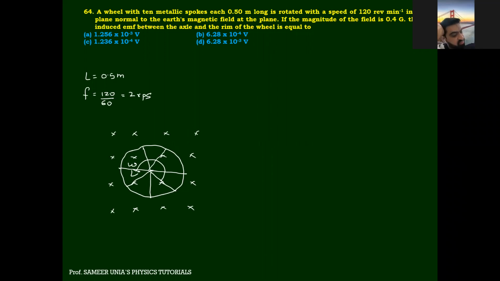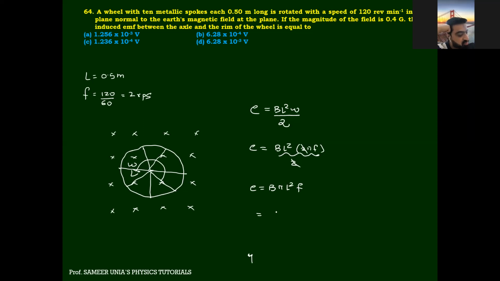The induced EMF is between the rim of the wheel and the center. Whether there are 10 spokes or 1 spoke, they all are in parallel, so the EMF will remain the same. The EMF formula is BL square omega by 2. But omega I can write as 2 pi f. So EMF becomes B pi L square f.